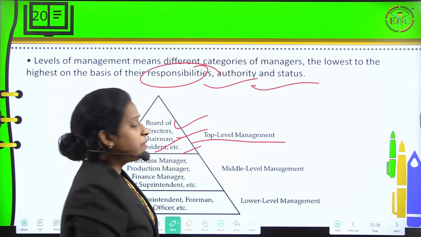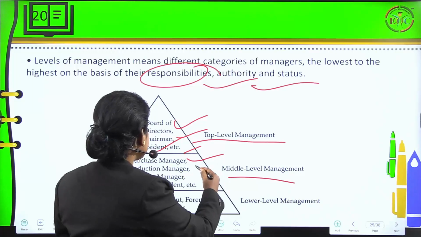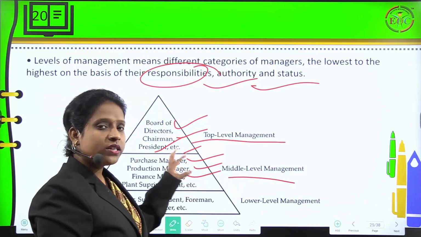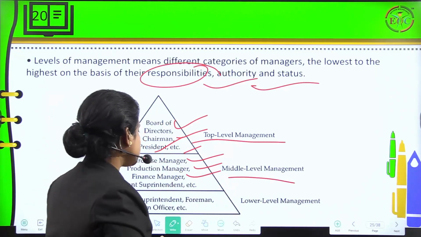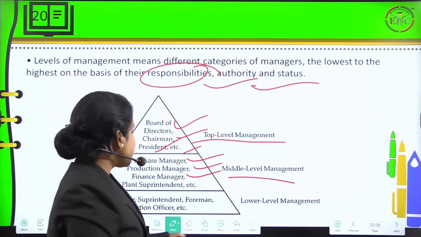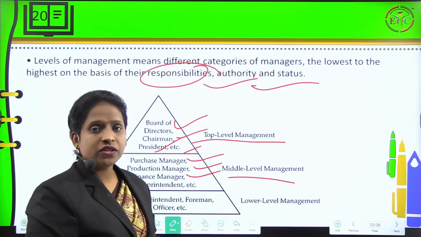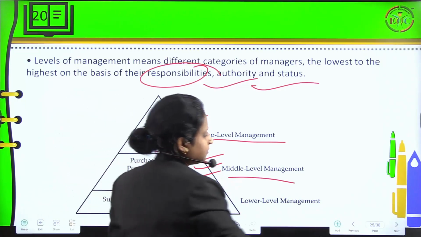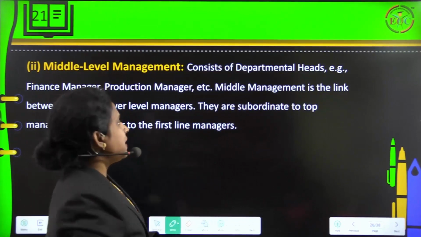People who come under middle level management are the purchase manager, production manager, finance manager, plant superintendent, etc. All these designations will be considered middle level management. Those who come under lower level management are the supervisor, superintendent, foreman, section officer. So all these people will be considered as lower level management. Fine.